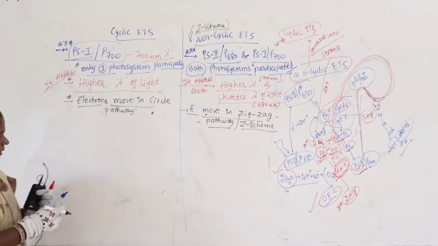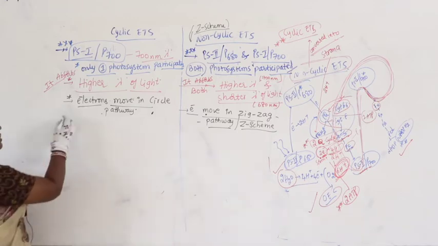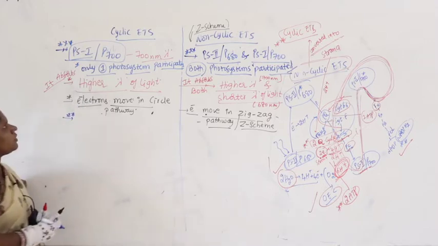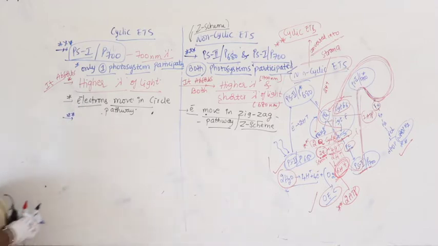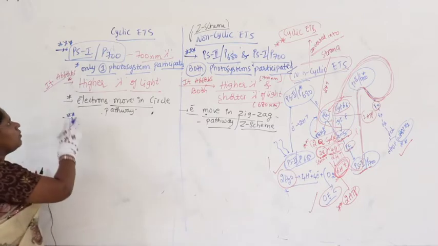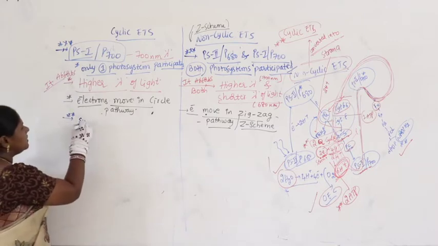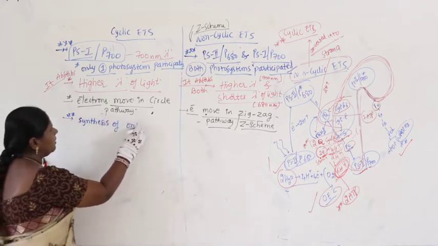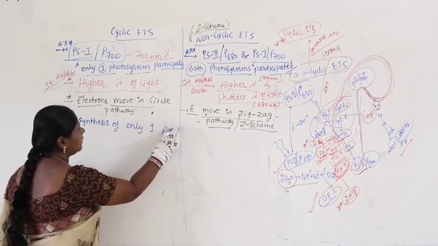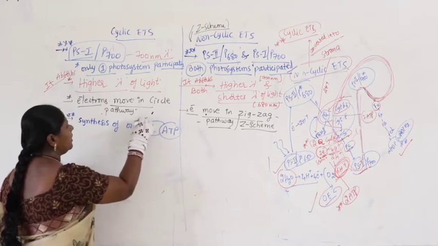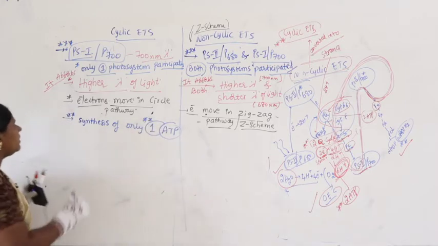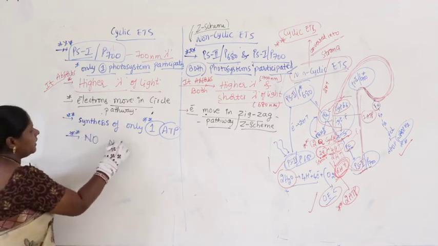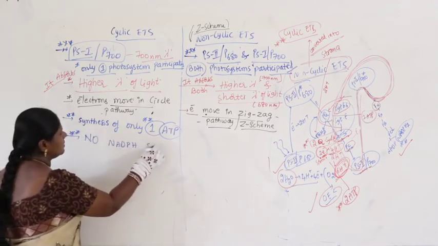Right. Next point, very important one. In the cyclic electron transport system, as it operates with PS1, there is a synthesis of only 1 ATP molecule, and no NADPH synthesis.